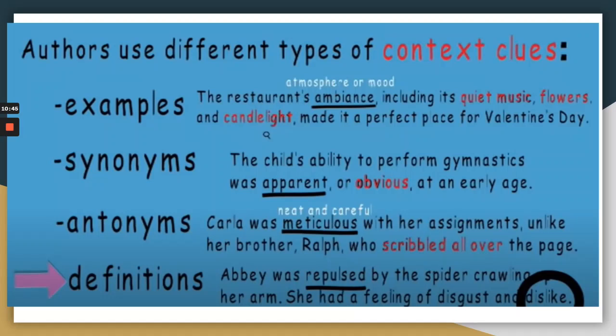If you're unfamiliar with the word repulse, the author clearly defines it as a feeling of disgust and dislike. So repulse is a feeling of disgust and dislike. Abby was disgusted by the spider crawling up her arm. Abby disliked the spider crawling up her arm.